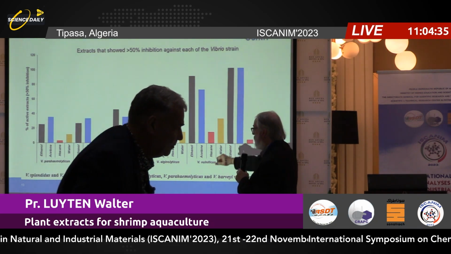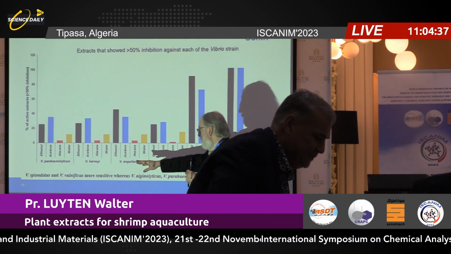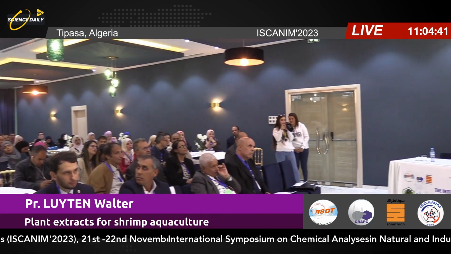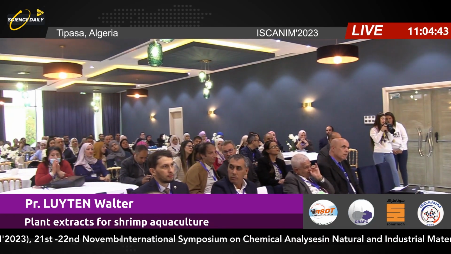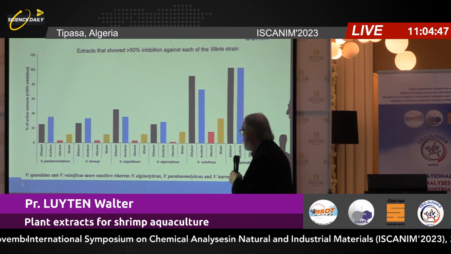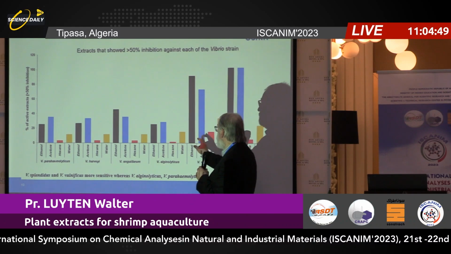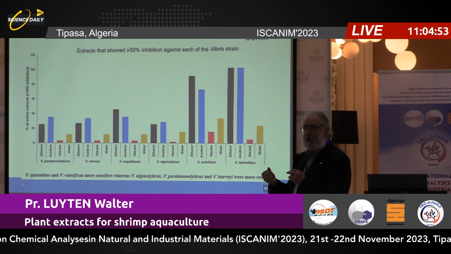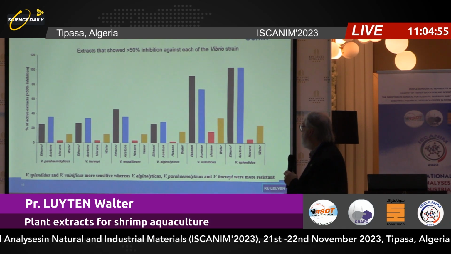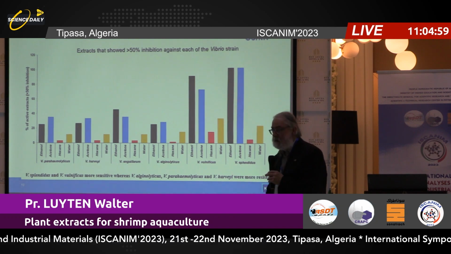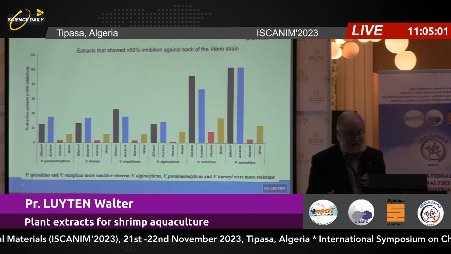Many extracts have an effect, whereas for some, like the Parahaemolyticus, which is really the most important pathogen, far fewer extracts have an effect, so these are more resistant. You also see that the hexane extract in red, few of the plants extracted in hexane showed activity, and most of the extracts that are active are either extracted with ethanol or with acetone.